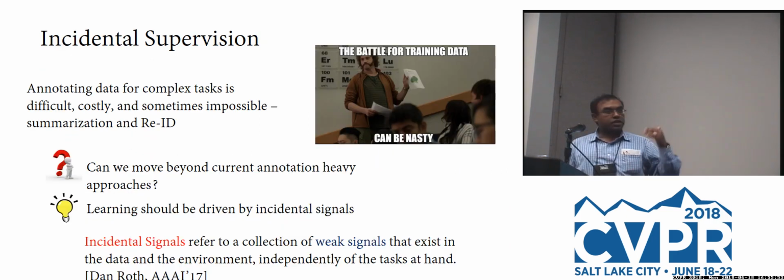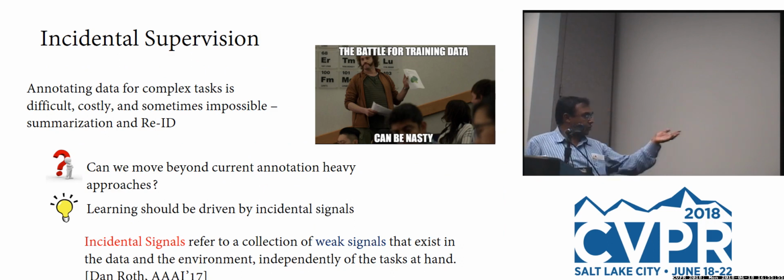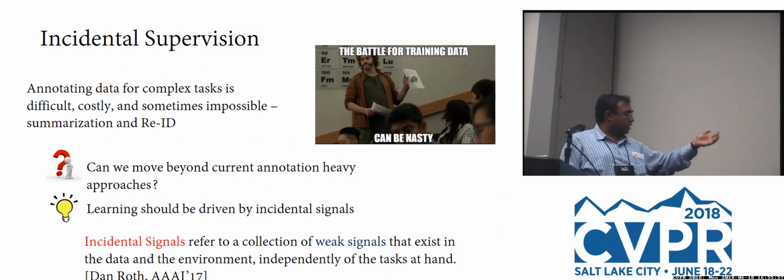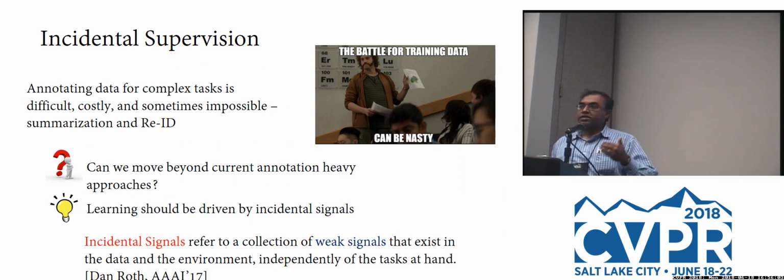That leads us to the question of incidental summarization. This was a term that was coined recently in a paper at AAAI. So the idea is there are signals that are available to us that we can use automatically without increasing the level of labeling effort provided by a human in order to provide the supervision.